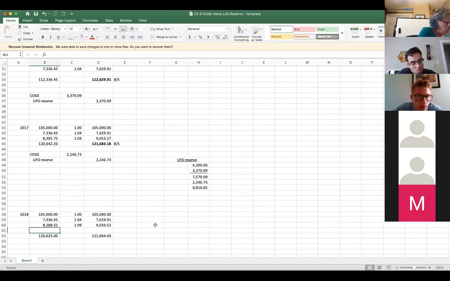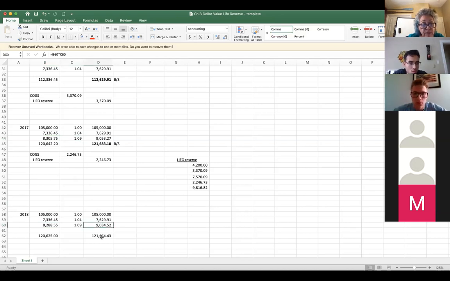We still had the first two layers, and then the last layer we liquidated by $17.20. So when I subtract $17.20 from the last layer, I get $82.88 at the 109 index.